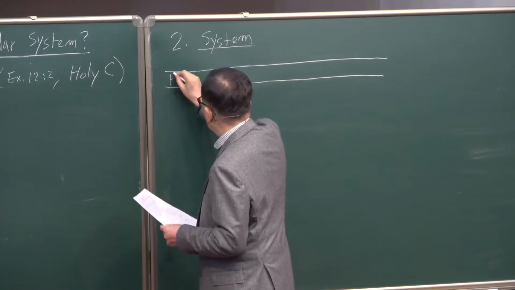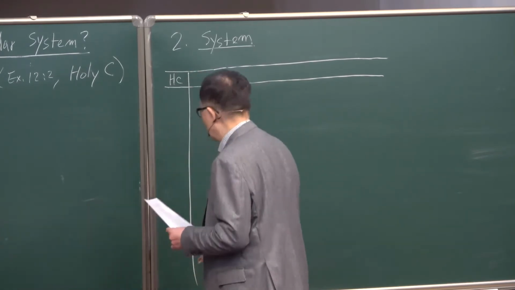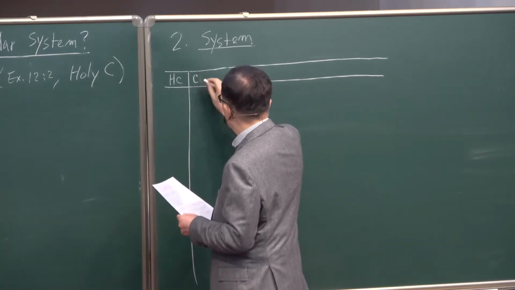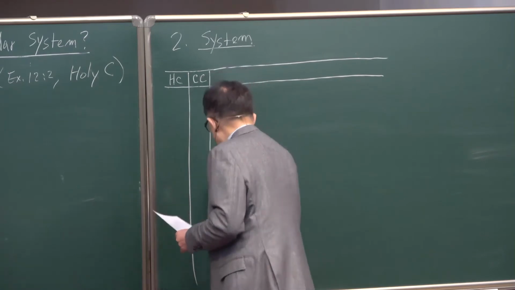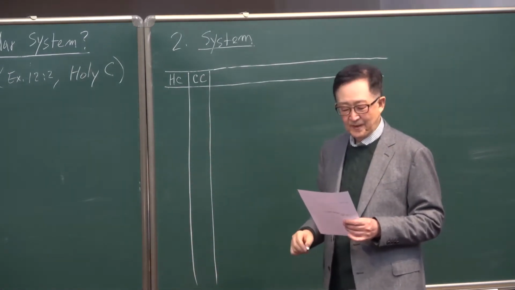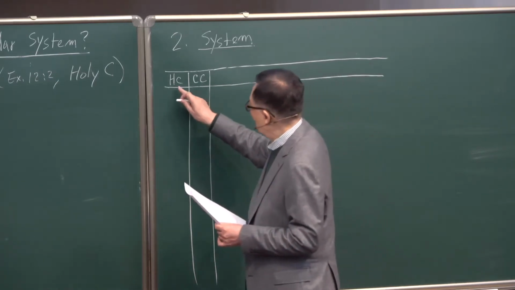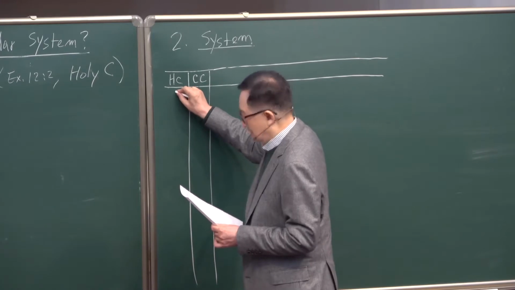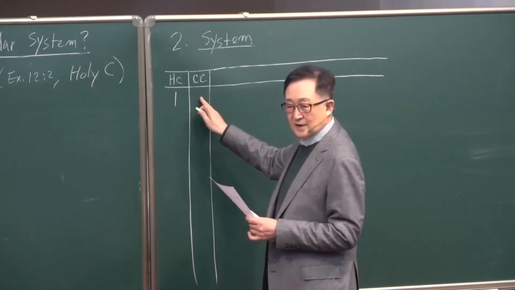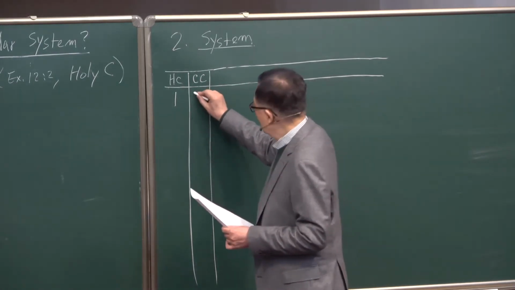It's the Holy Calendar and the civil calendar. Now, Holy Calendar, January. That is what month in the civil calendar? 7, July.